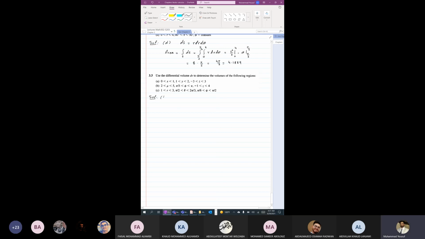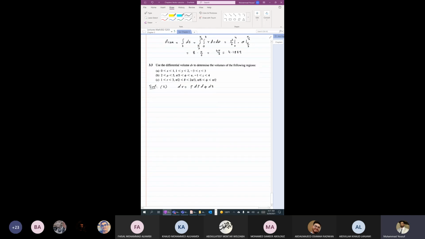So let me do here part B. Part B is cylindrical coordinates. In cylindrical coordinates, dV, volume element, is rho d rho d phi dz. You will have a formula sheet with you which gives you what is dV in cylindrical coordinates. You can see this in the formula sheet which I will give you.